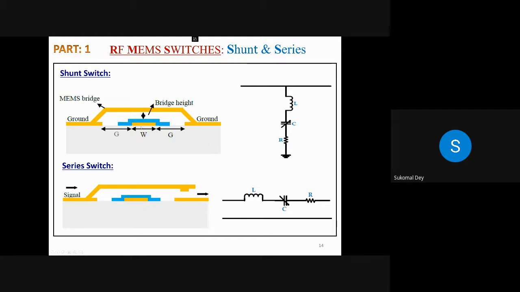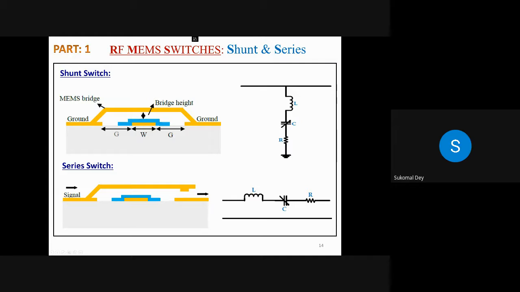Now, what will happen if you apply a potential with respect to the ground? If you apply the potential between the ground and the signal line, you are basically creating some kind of a potential difference in the middle zone. So once you are creating a potential difference, then what is happening?